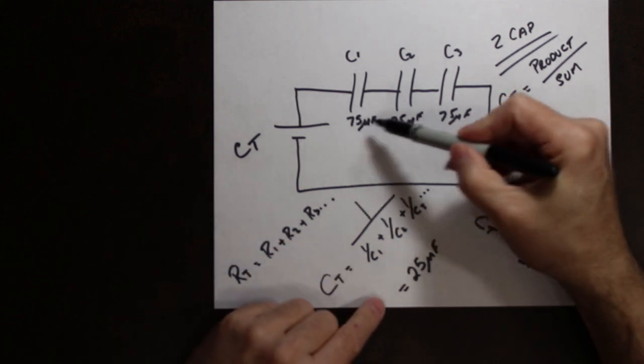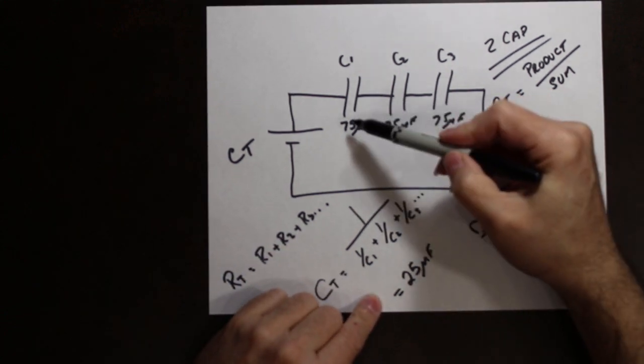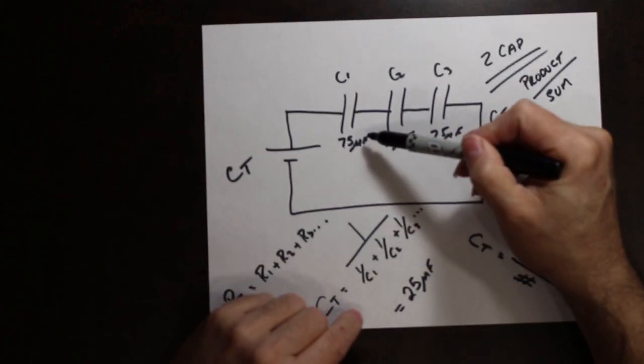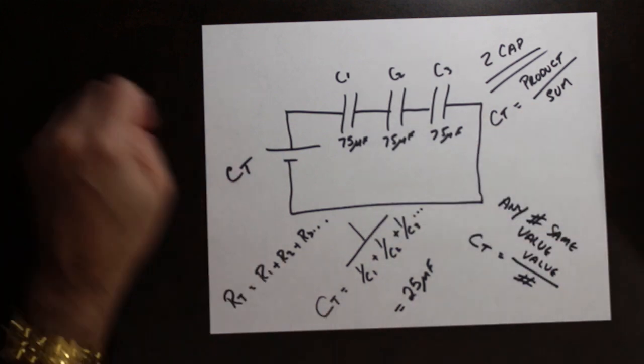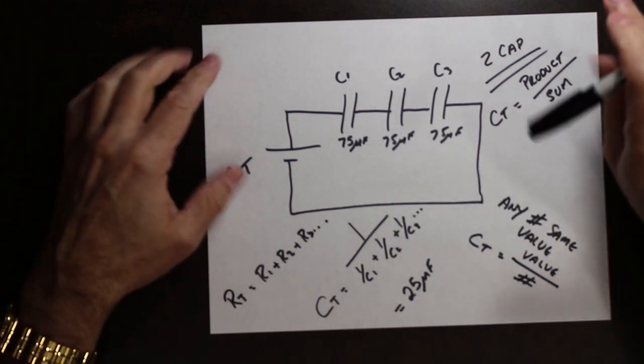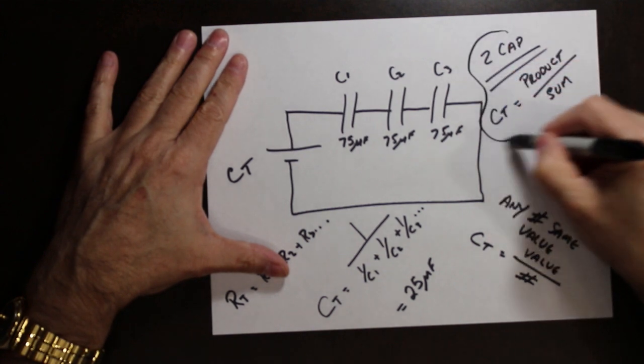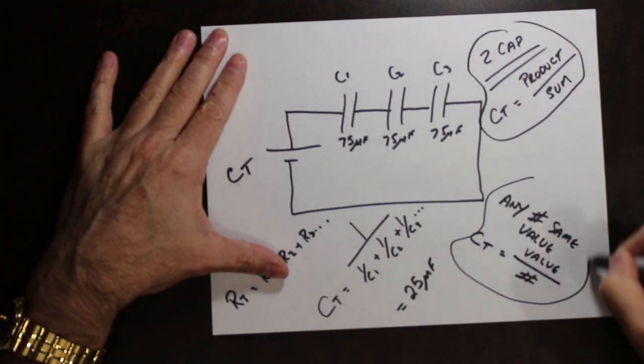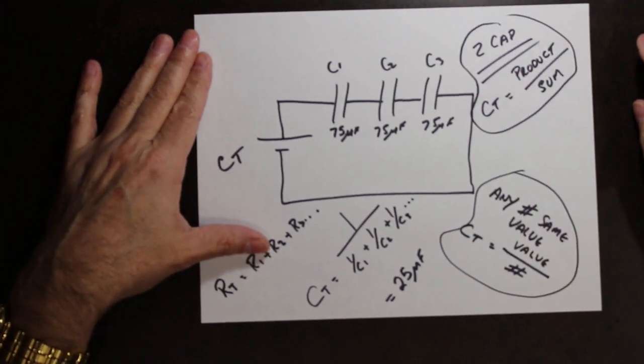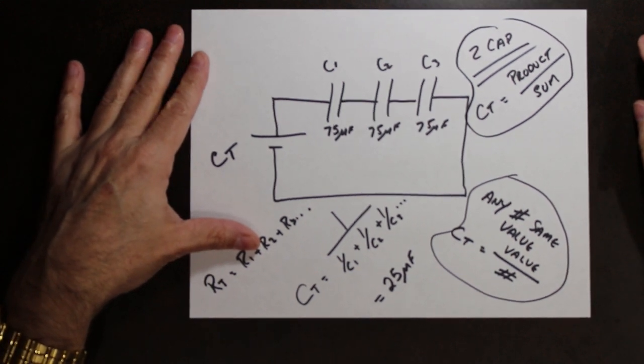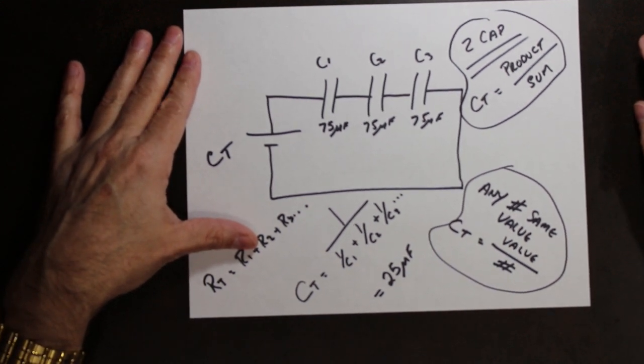In this case, all these values were the same, and there's 3 of them, so 75 microfarads divided by 3 gave me 25 microfarads. So these shortcut formulas work for capacitors just like they work for resistors.